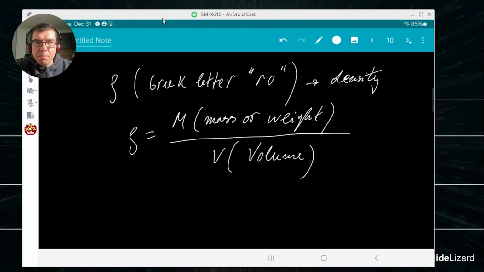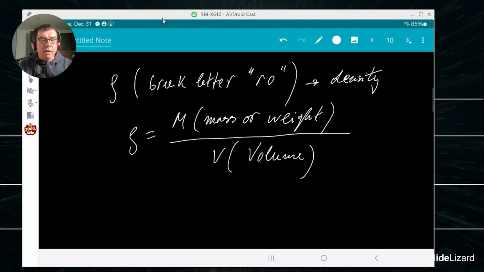Density basically means how much substance you can fit in a given unit of volume. So if I have a balloon, the balloon has very little density, because for a big volume I have little substance. It's mostly air. It's empty, except for the balloon itself.